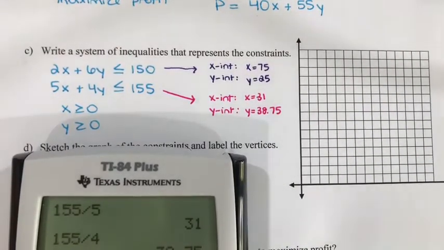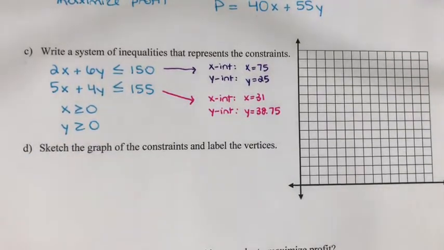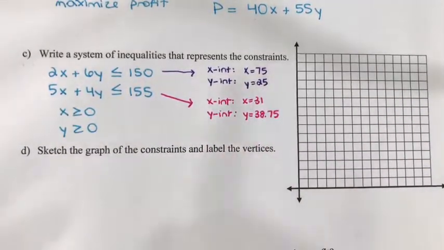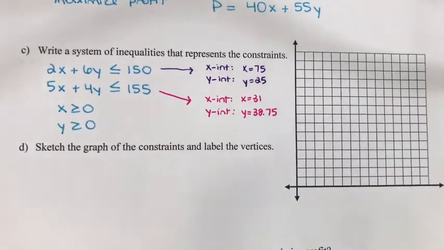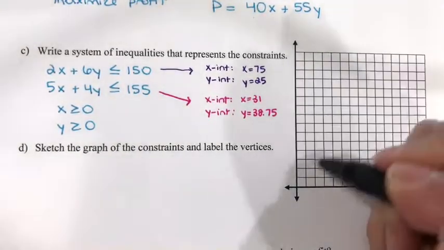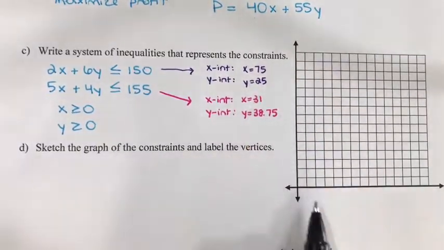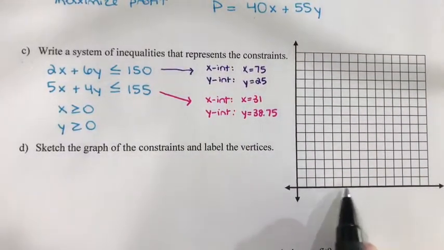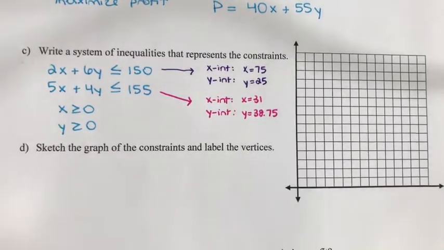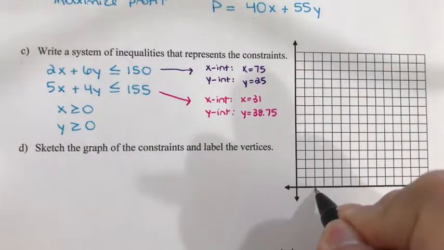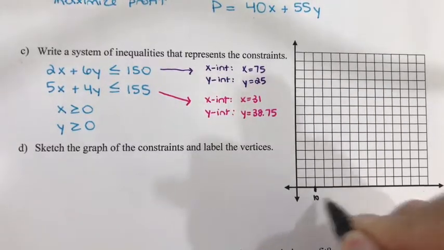So we want to graph both of these lines, using the intercepts. Now I have to mark the x-axis. Let's see if we can go by fives. The biggest number I have is 75. So 5, 10, 15, 20, 25, 30, 35, 40, 45, 50, 55, 60. Yeah, so 75 would fit. Let's do every 2 tick marks is 10.